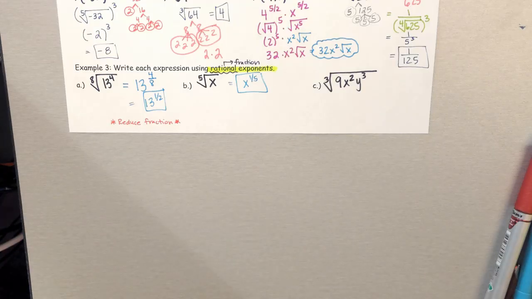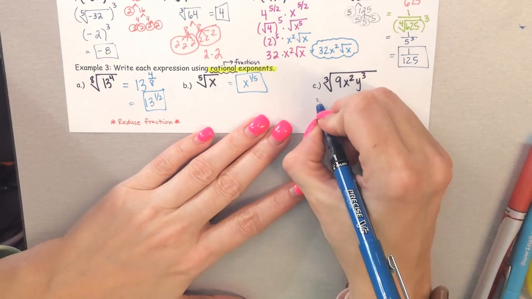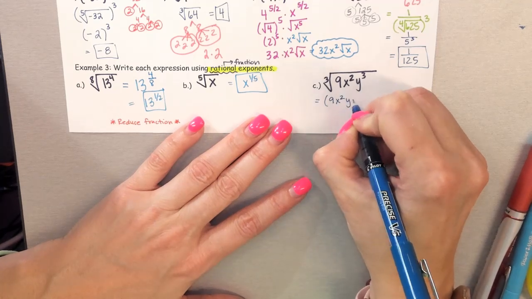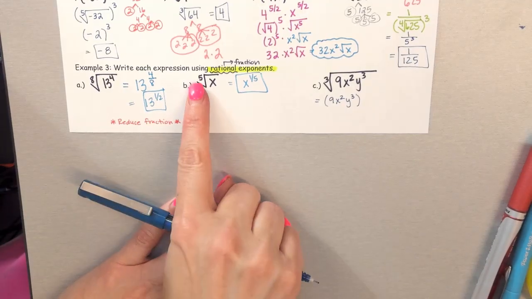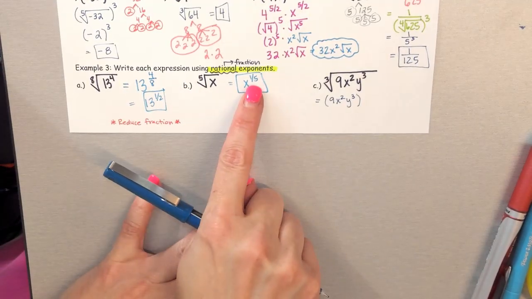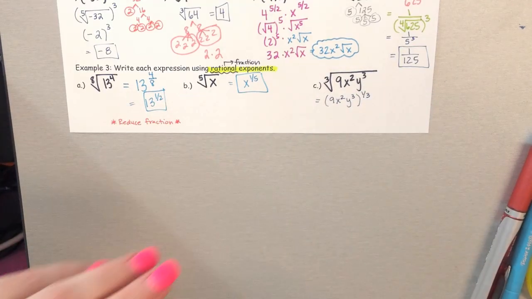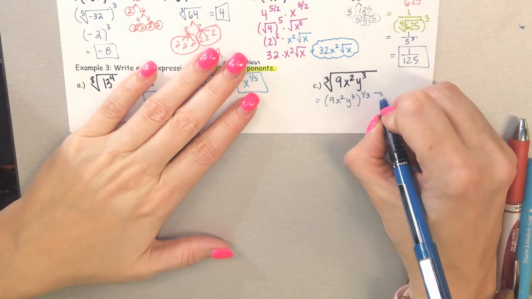Okay, so when you have more than one term, you are going to put everything in parentheses. 9x squared y cubed. Okay, and just like we did here, the 5th root is 1/5. The cube root is going to be 1/3. And then we're just going to distribute the exponent.